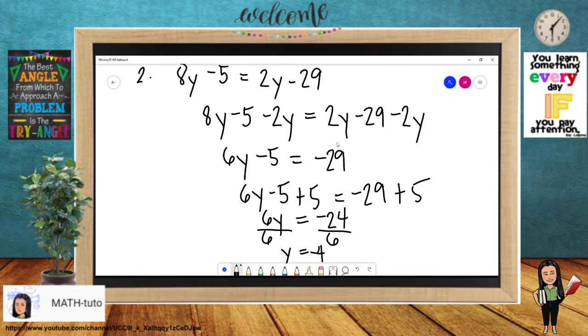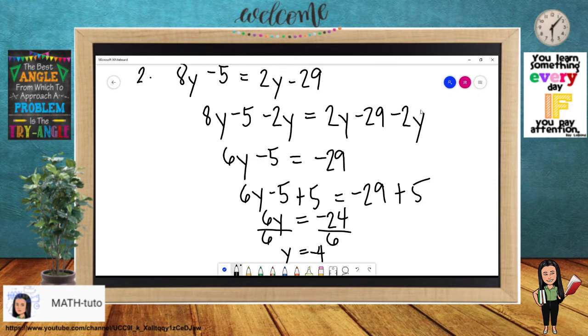But since our target is to put all the variables on one side and the constant on the other side, in this first step, we can already add 5 to both sides of the equation at the same time that we are adding negative 2y to both sides. Because our target here is to remove negative 5 on this side and to remove 2y on this side.